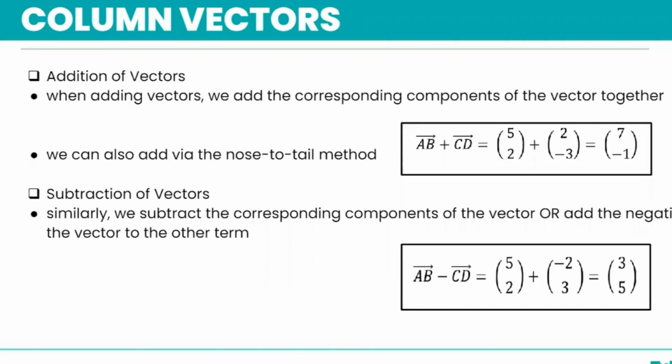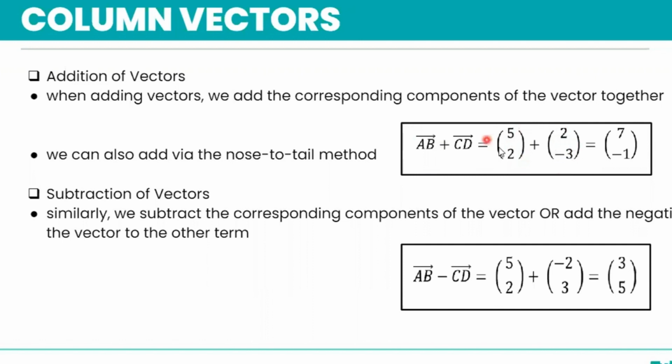So in the case we need to add column vectors, what we can do is just add our horizontal components together, and then add our vertical components. So we would do them separately. In this example, I can see that we are adding vector AB and vector CD. Vector AB is (5, 2) and vector CD is (2, negative 3).